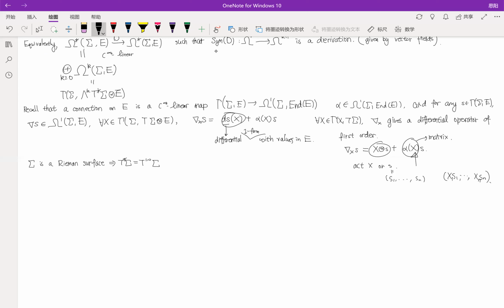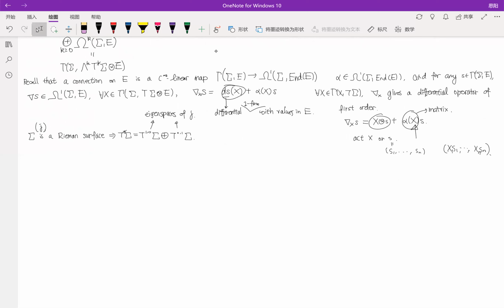One is (1,0), and the other is (0,1). That is, since we have a complex structure J, this will correspond to eigenspaces of J.